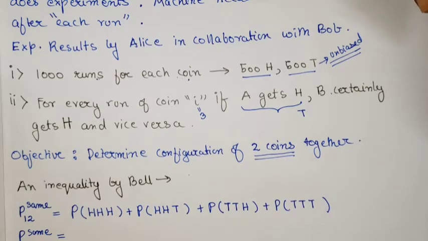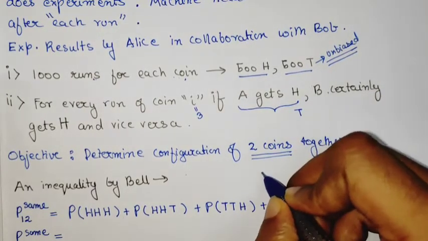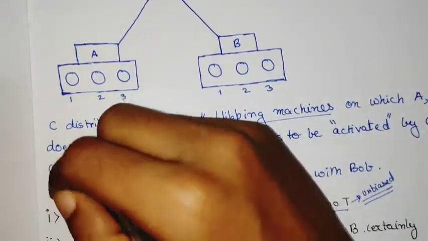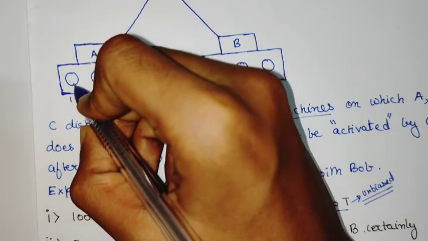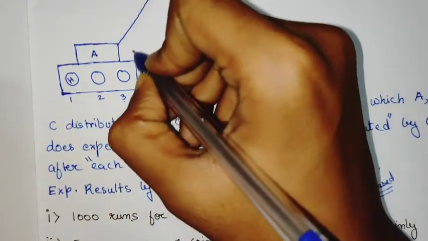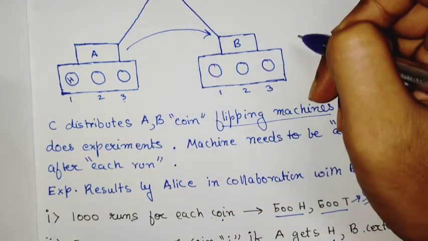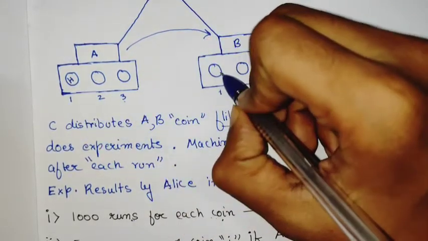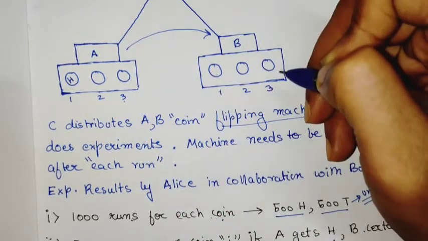But what they think about is that suppose Alice uncovers coin 1 and she gets a head. She can use some classical communication and tell Bob that coin 1 is head, because Bob and Alice's coins give the same output.